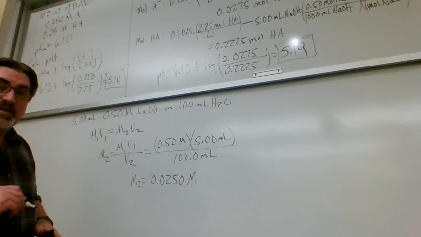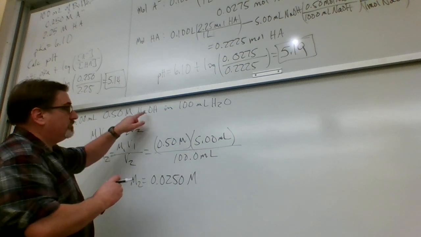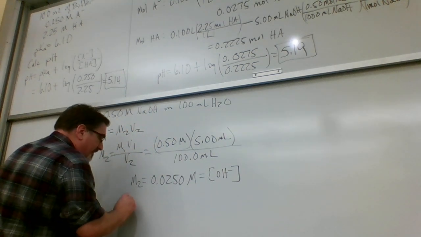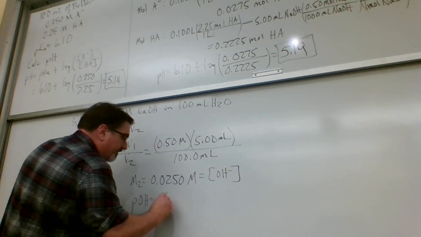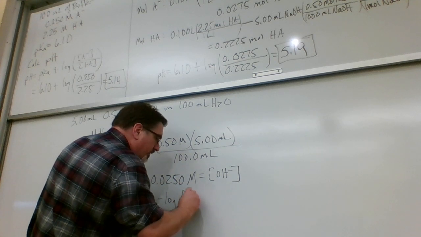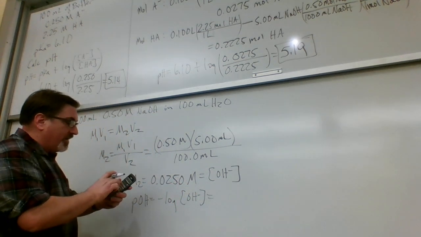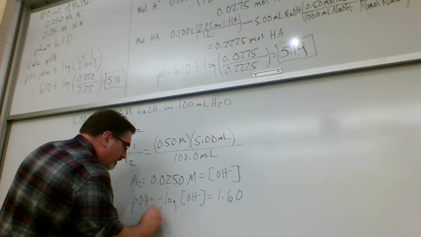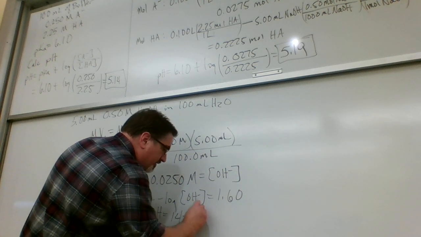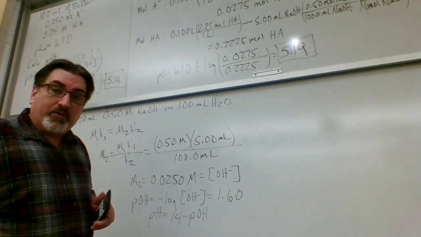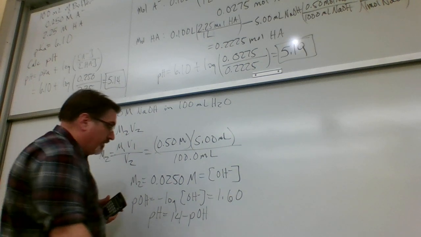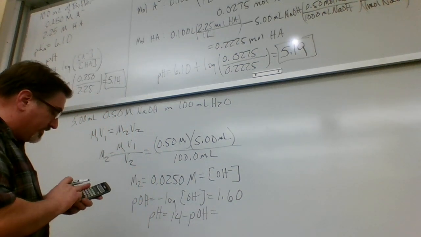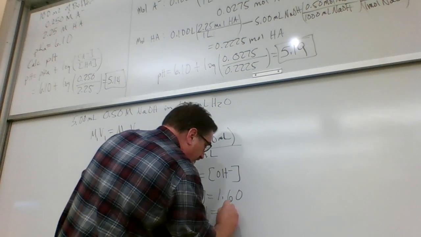That molar is OH minus because this is an NaOH solution, right? So that's a concentration of OH minus, which means that the pOH is the negative log of OH minus. So it's on my screen now. I just hit log and flip the sign, 1.60. And the pH is 14 minus pOH, which again, hopefully remember learning that one before we dismissed for virus issues. So 14 minus 1.6, 12.4.